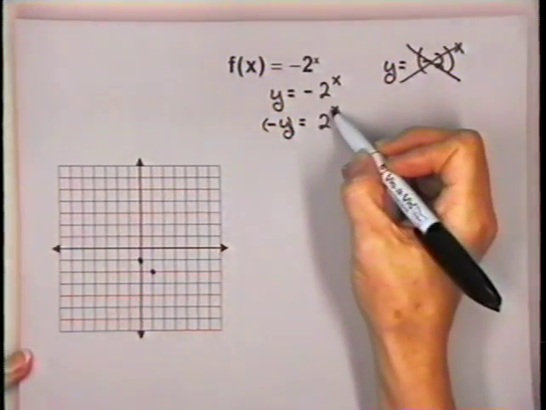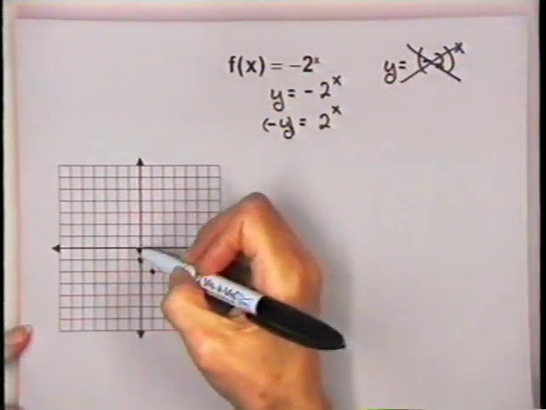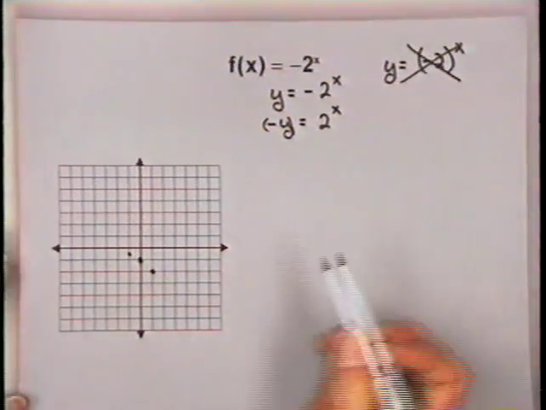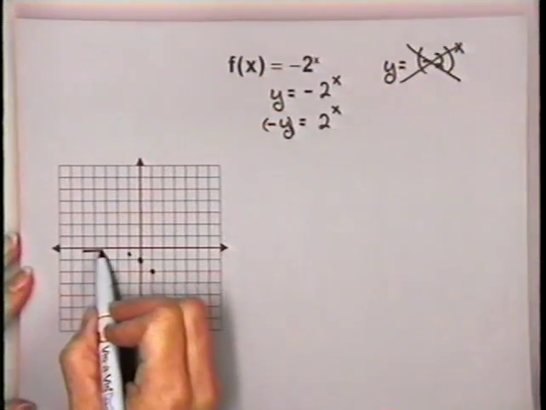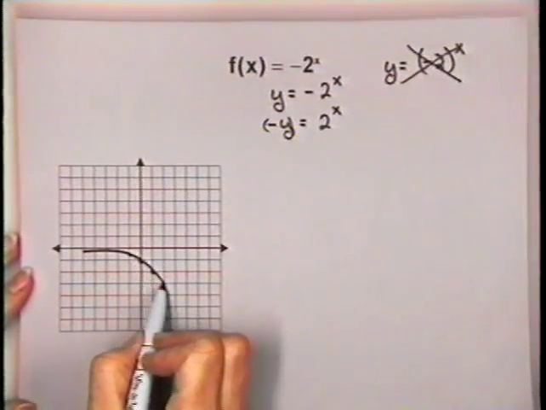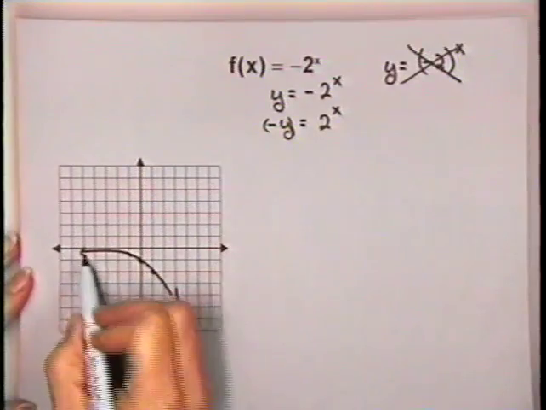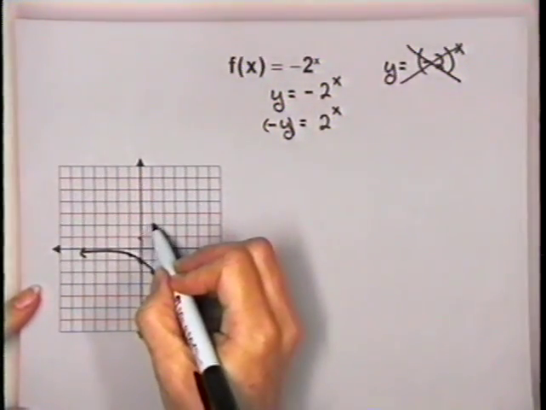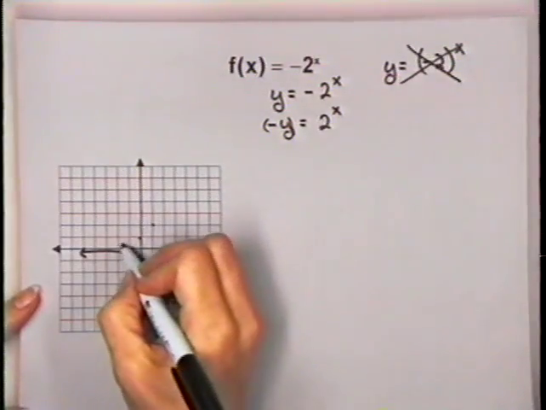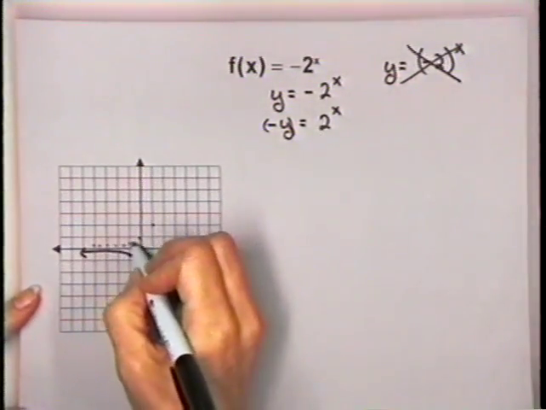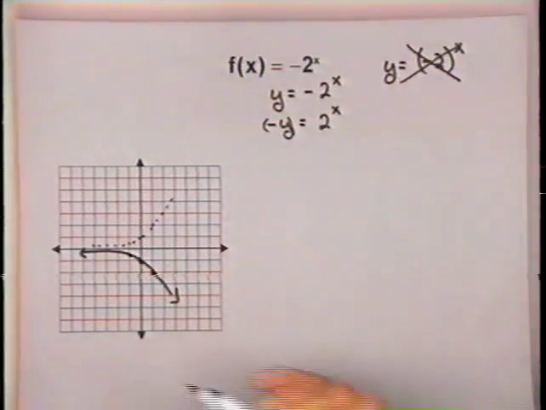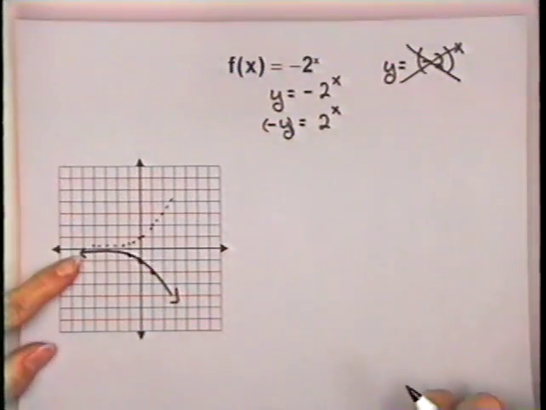If x is -1, I get 1/2. Okay, -1, 1/2. Reflect that over the x-axis, and I'm here. Now I'm going to sketch in, with just those 3 points, what I think this graph is doing. This is what 2 to the x would look like, and we've reflected over the x-axis. So you can see that we do have a correct idea here.